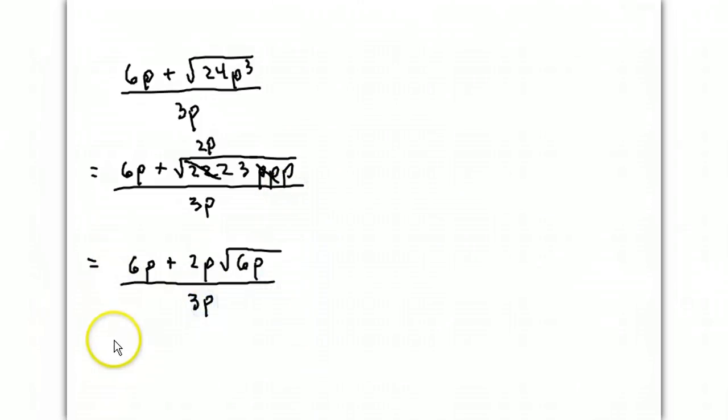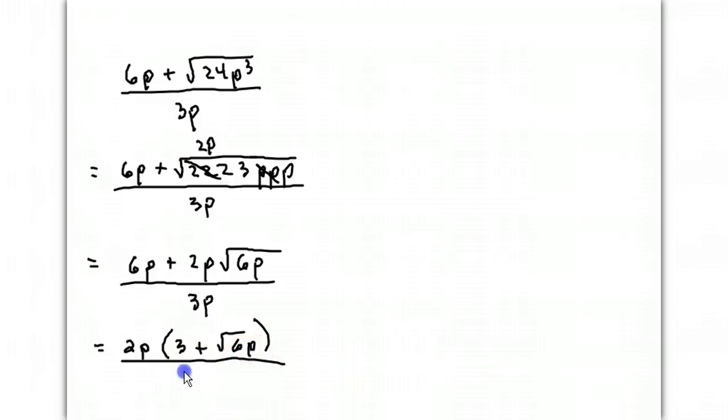You have to look at each piece on the numerator and see what they have in common. There's 6p and there's 2p. There's a 2 inside of 6 and there's a p inside of p. So you can pull out a 2p. What do you have left? What times 2p will give you 6p is 3, plus the square root of 6p. And that's divided by 3p. So the p's cancel.